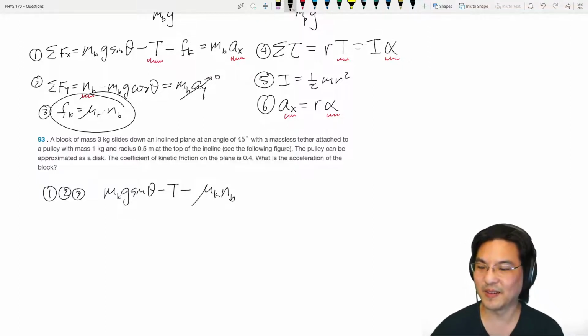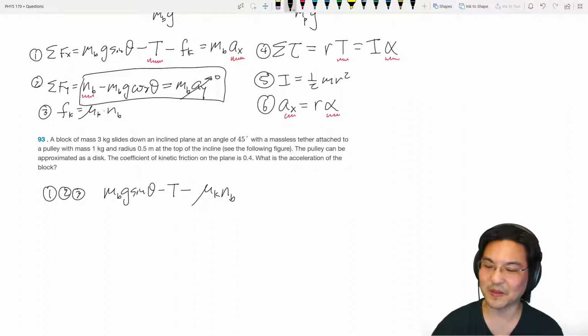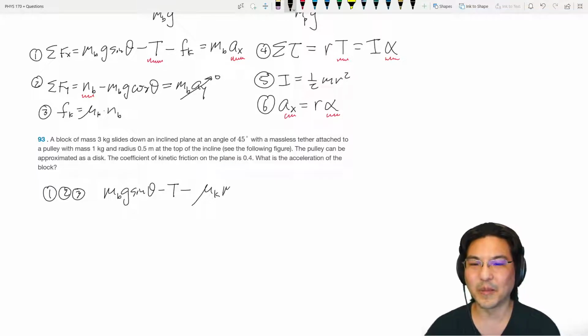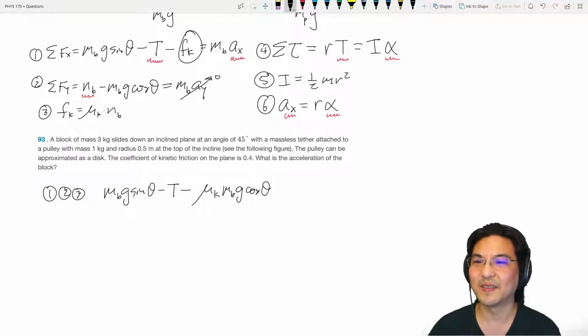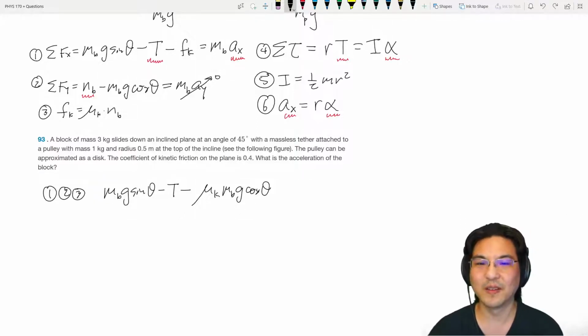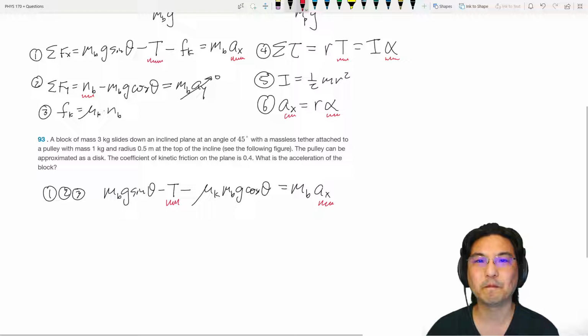But from equation 2, nb minus mbg cosine theta equals 0, which means nb is mass g cosine theta. Right? This is this, and n is this. Keep going, equals max. Okay, and then let me just keep track of my unknowns.